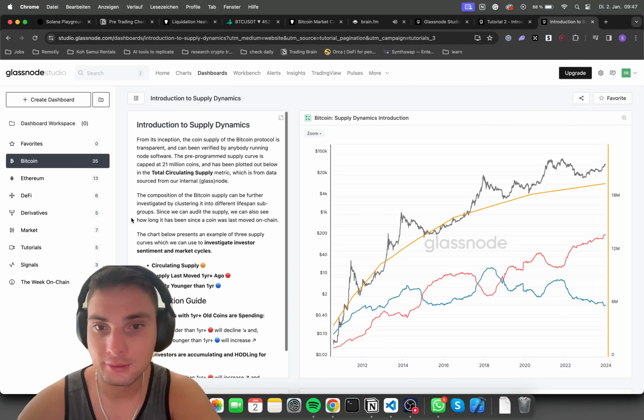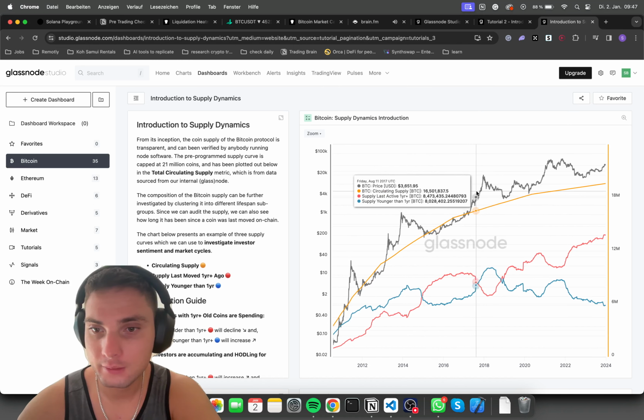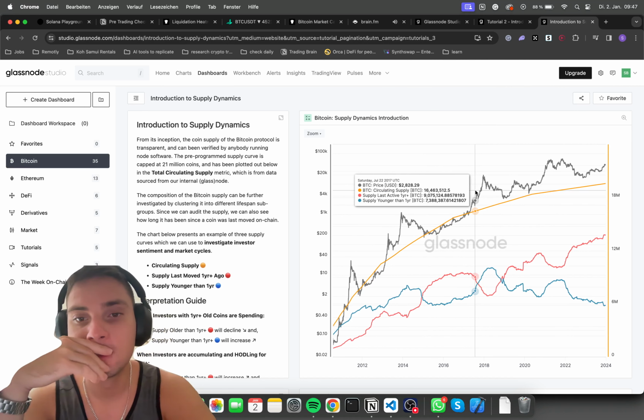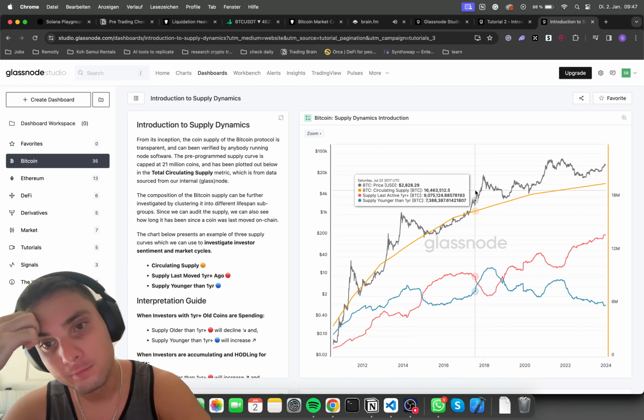Circulating supply. So we have the bottom. Let's see what's blue. Blue is supply younger than 1 year.